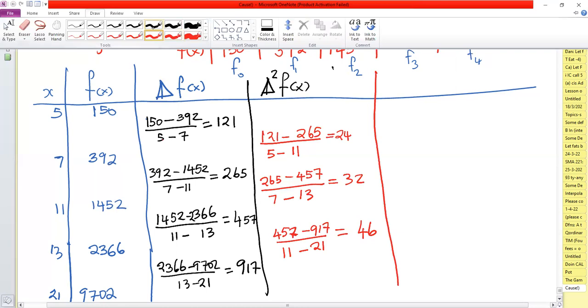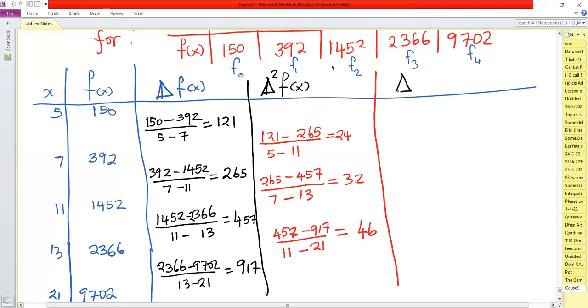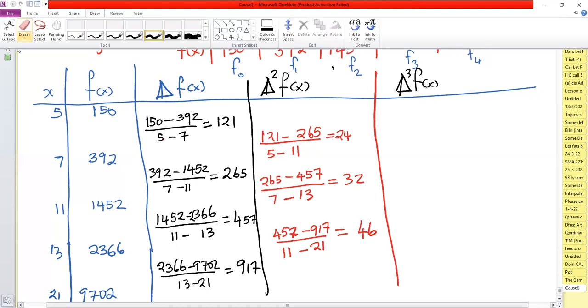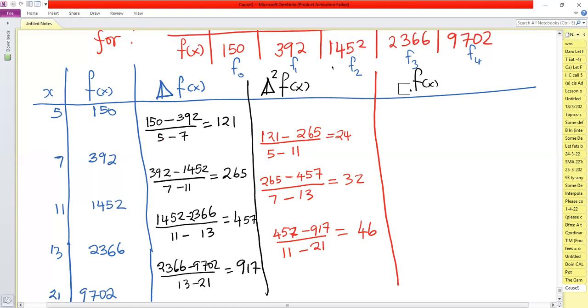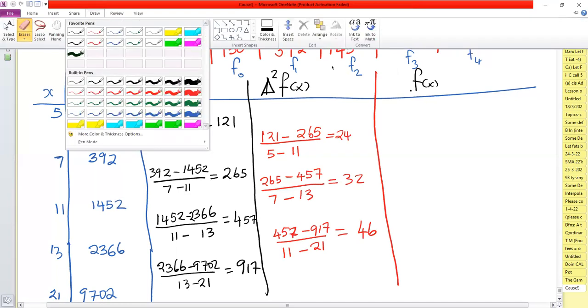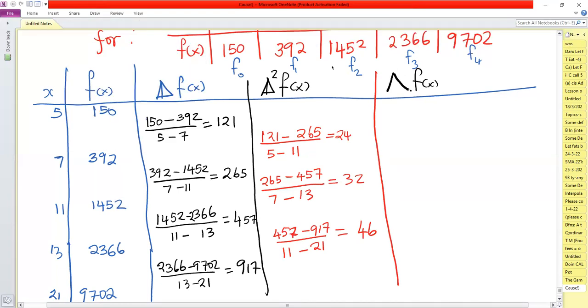Now, lastly, to define the third divided differences of the function f of x. It will be 24 minus 32.